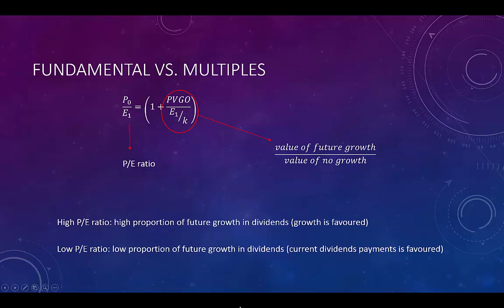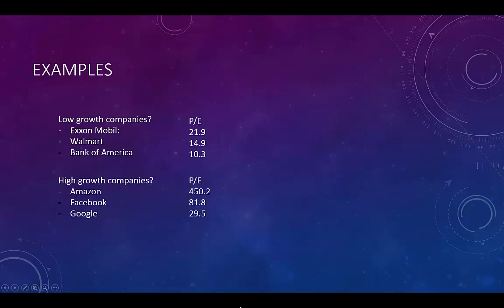Let's look at some companies to see if our expectations are in line with actual data. Here we have two sets of companies. The top selection are low growth companies, mature companies that have been around for many years and have experienced high historical growth, but their future growth might be limited. For comparison, we have the bottom selection of companies, three companies with perhaps larger growth opportunities for the future.